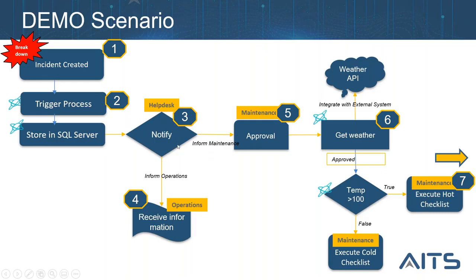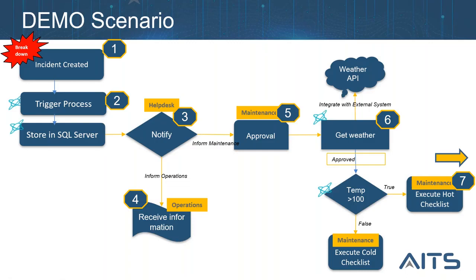For the sake of this simple workflow, if they want to inform operations, they will just send the details to the operations guide. If it is a major incident, it will go for approval from the maintenance department or maintenance head. If it is approved, then they have to do some checklist activity based on some criteria.